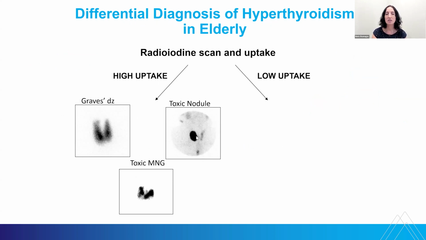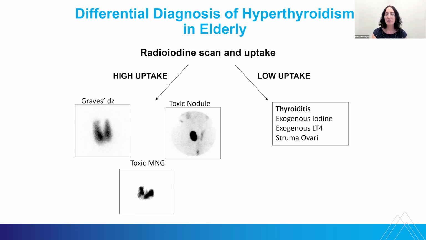This toxic nodule will be making a lot of T4 and T3 and taking up iodine. And because the T4 and T3 is elevated, you have a low TSH and the rest of the gland is suppressed. We had mentioned toxic multinodular goiter, and so here you see that, and this is the most common cause of hyperthyroidism in the elderly.